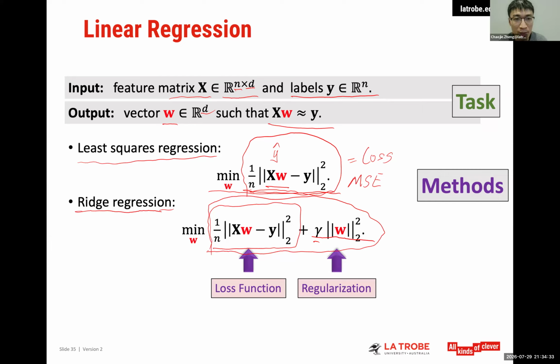So in ridge regression, the purpose is to minimize the loss function plus the regularization term, and find the optimal value for the weighting vector W. That's the only difference between ridge regression and least square regression: it adds the regularization term.